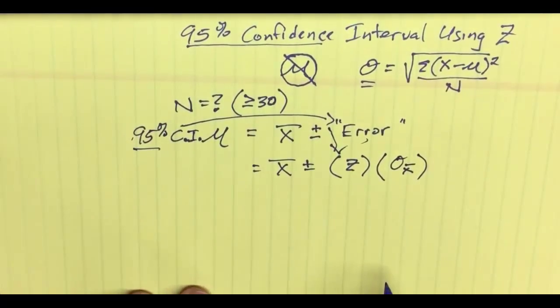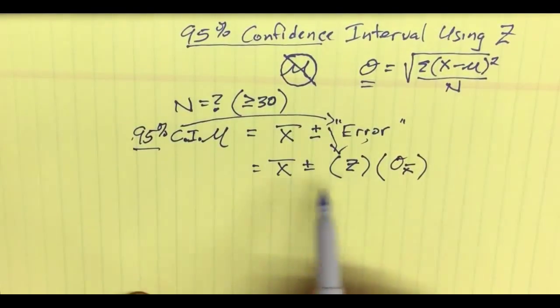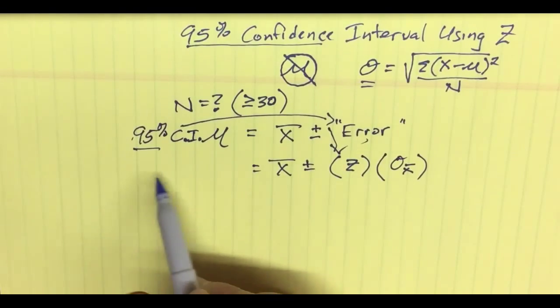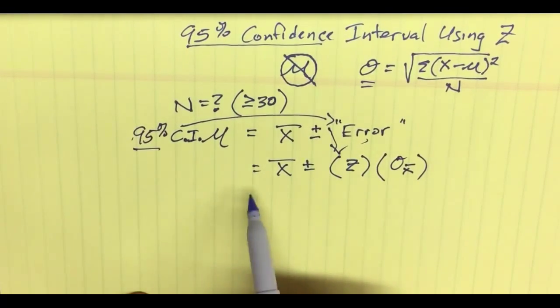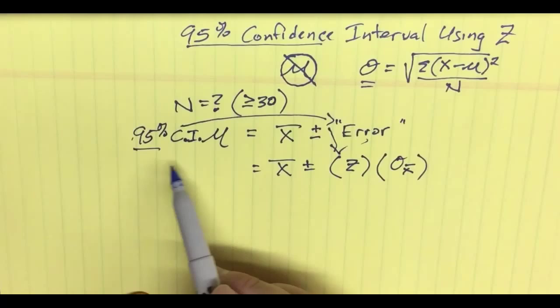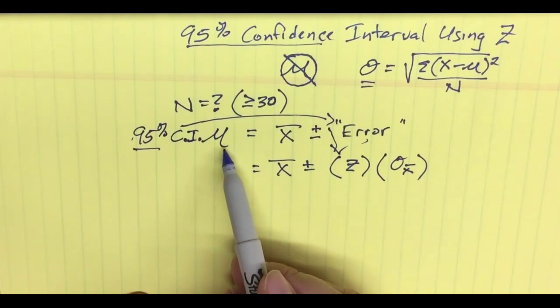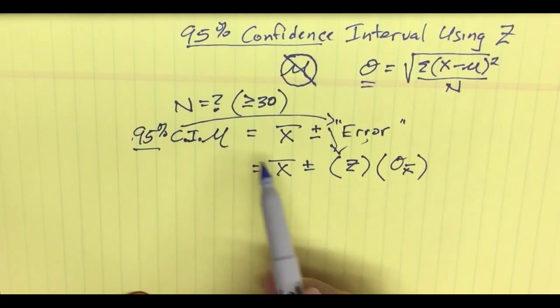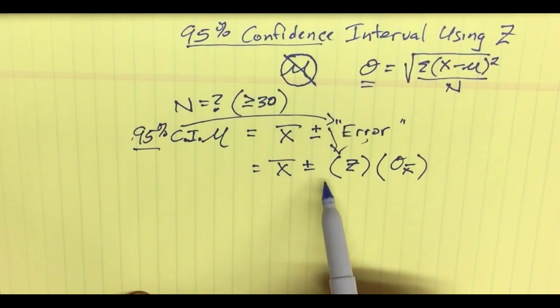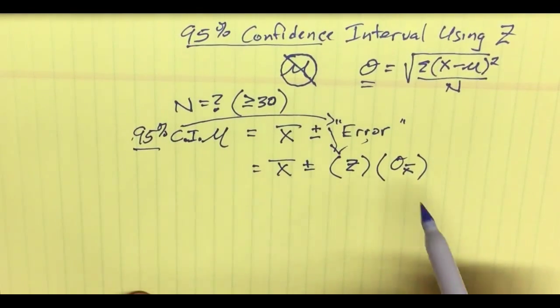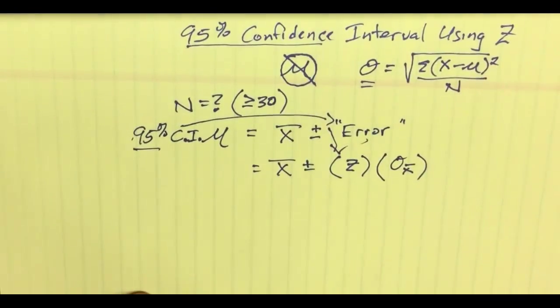Okay? All right, so there we have our formula here. So at the end of the calculation, I'm going to want to be able to say something like, hey, I'm 95% confident that the interval containing this true population mean is somewhere between my sample's mean plus and minus this many standard errors. Let's try it out.